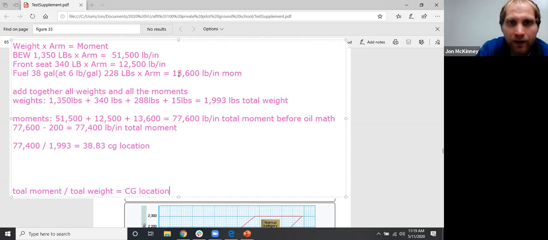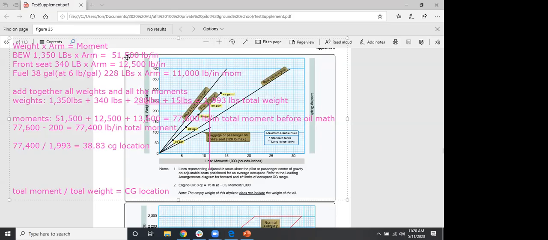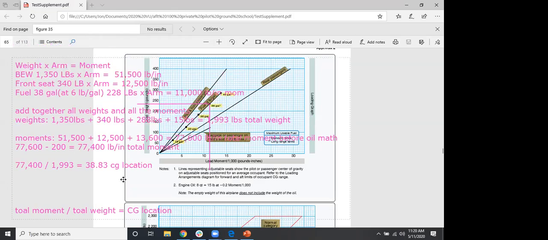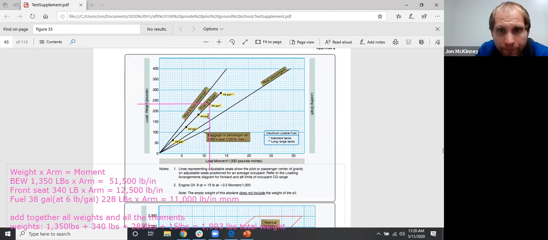Okay, and then we said that it was actually going to be 11,000 for our pound inches moment. And just to verify that, I come over here in my chart. So here's why we're saying it's 11.